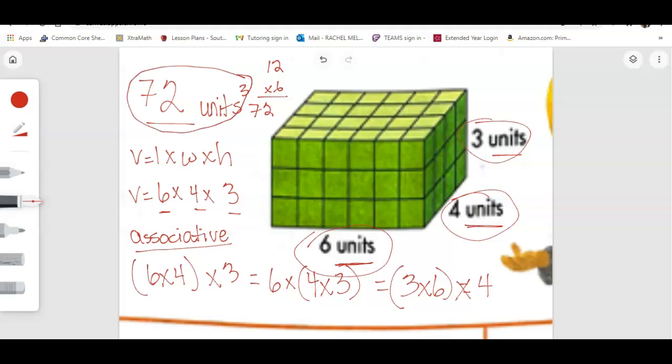If I didn't do it mentally, I could say to myself 6 times 4 is 24. And I still need to multiply times 3. And then I'd have to maybe write that one out. 3 times 4 is 12. 3 times 2 is 6, plus 1 is 7. So see, it's going to give you the same answer no matter what order that you multiply them in.